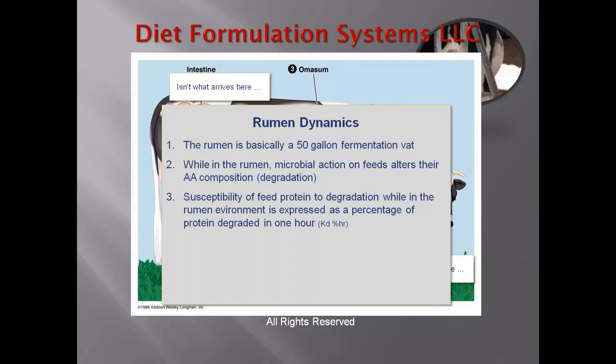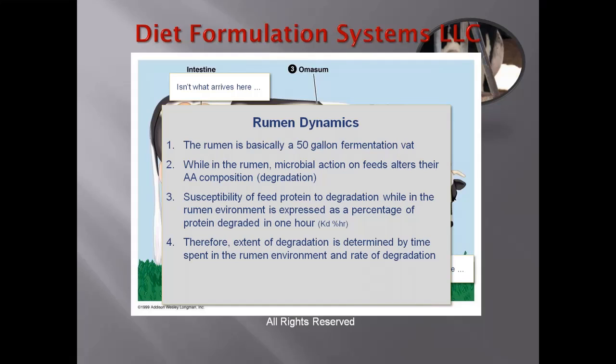The susceptibility of feed protein to degradation while it's in the rumen environment is expressed as a percentage of protein degraded in 1 hour. So this is time associated, and we'll get into some of the details of this a little later in the presentation.